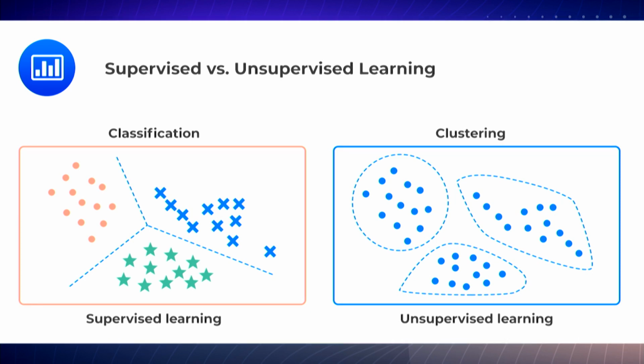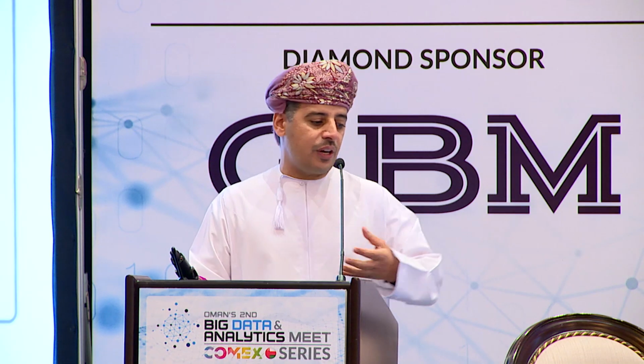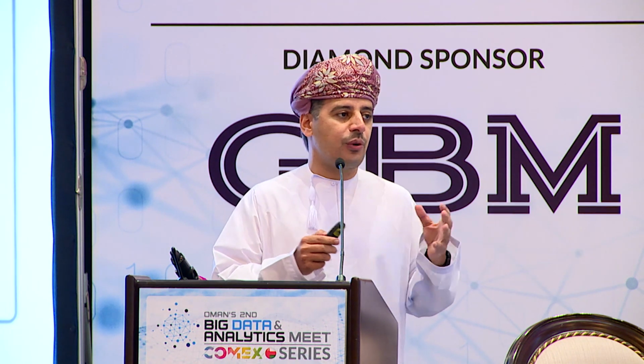Since I'm feeding the system with data, that means I'm feeding it with observations. So it classifies them into right or wrong, or red or green, for example diseases or not diseases, yes or no. However, the unsupervised algorithm groups the observations, groups the data.